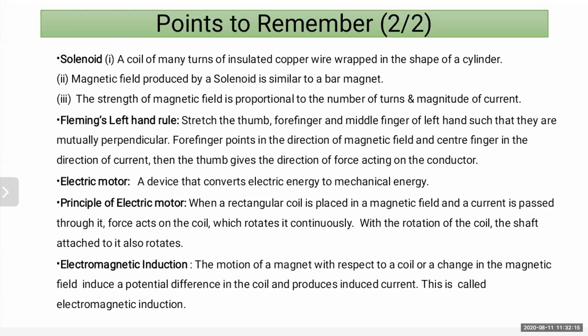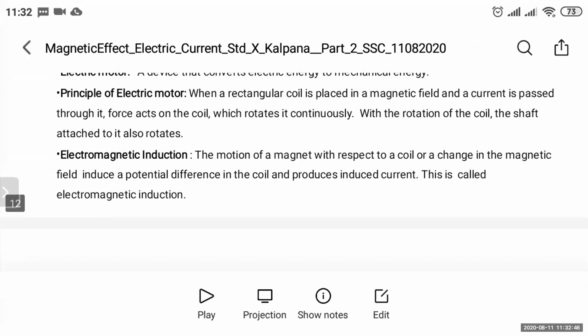With this loop rotation, the direction of the loop, that loop means coil, is always anti-clockwise. Each and every half rotation, that direction is changed. All these points you have to learn; write them in your class notebook.